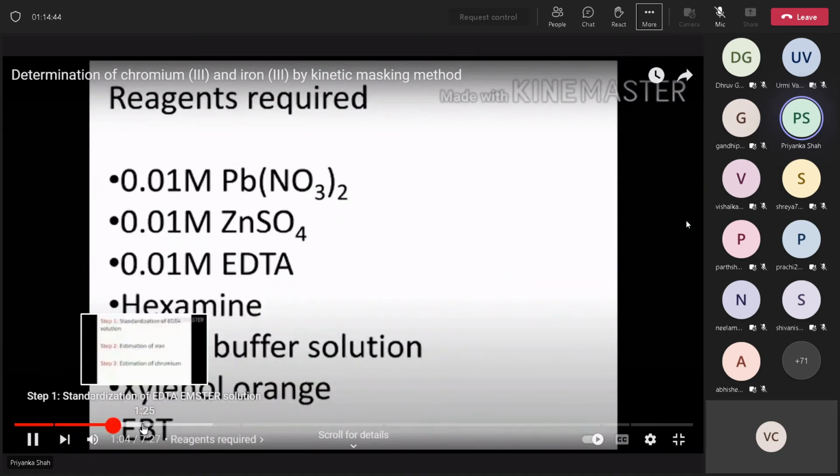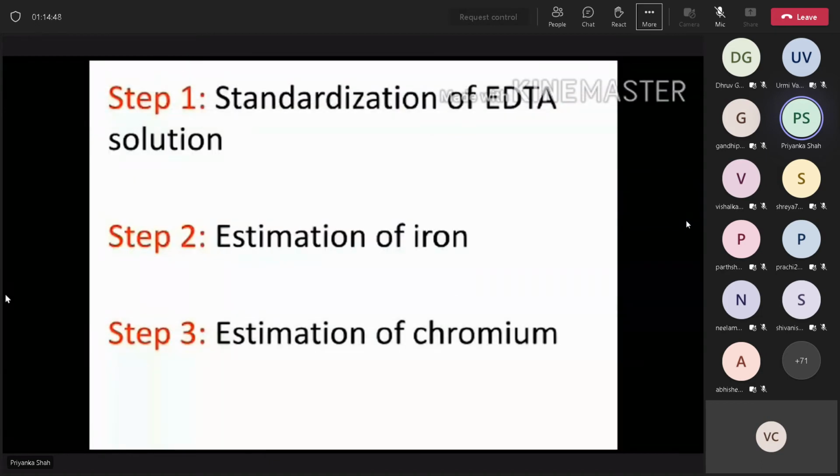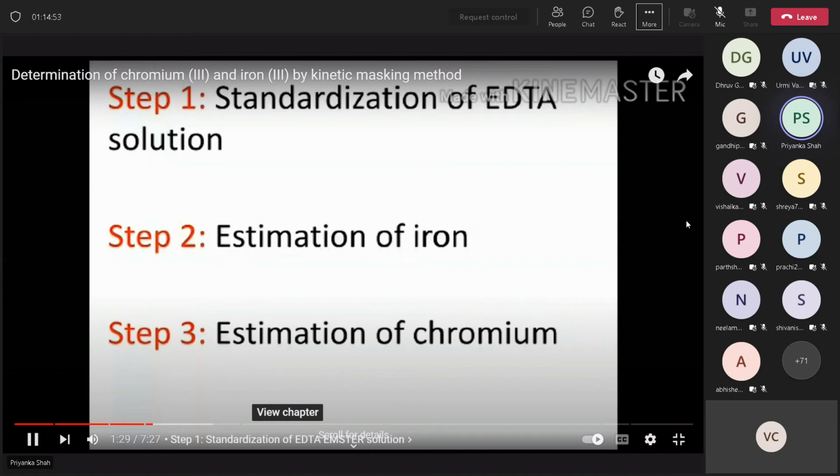Reagents required for this experiment are indicators. This experiment consists of 3 steps. Step 1 is standardization of EDTA solution. Step 2 is estimation of iron. Step 3 is estimation of chromium.